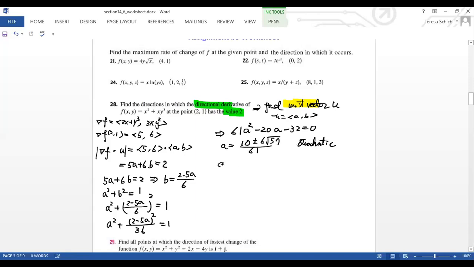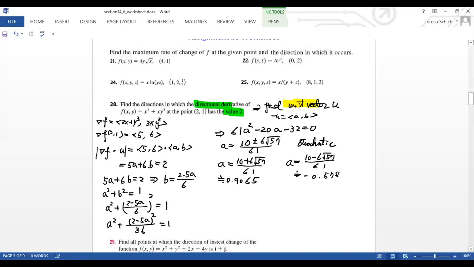So a is equal to (10 plus the square root of 657) over 61, so a is approximately 0.9065. Or a could be equal to (10 minus the square root of 657) over 61, and a is approximately negative 0.5787.